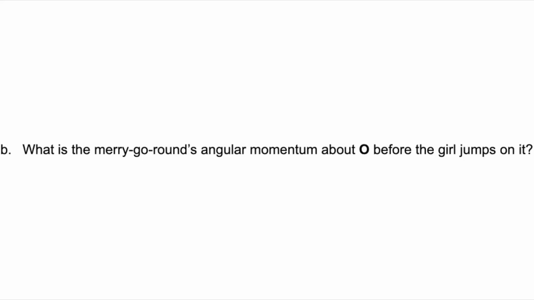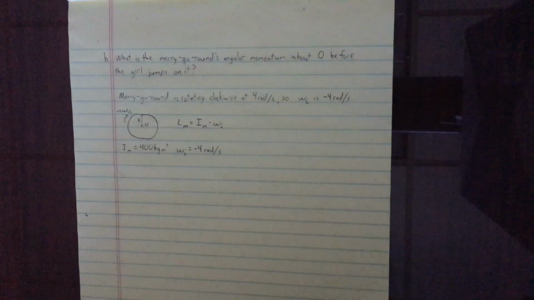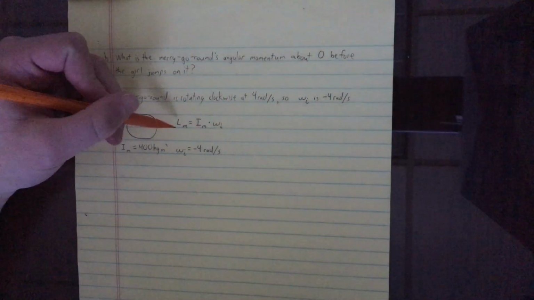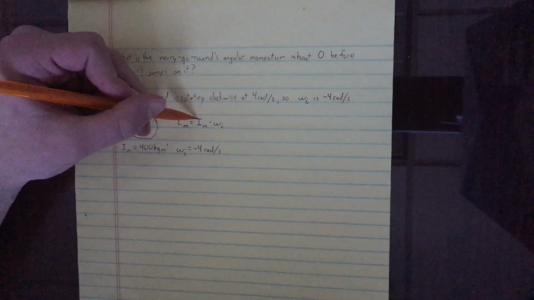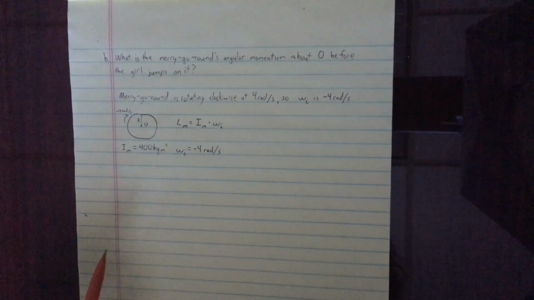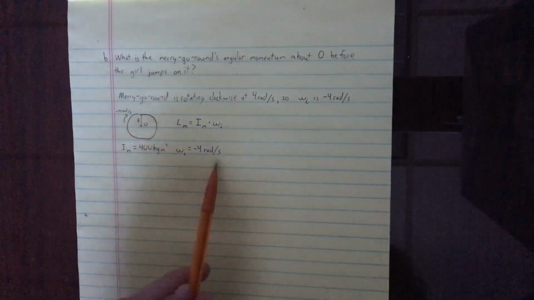Part A is done. On to part B. What is the merry-go-round's angular momentum about O before the girl jumps on it? Part B is going to be much, much easier than part A because we just use that same equation for angular momentum, rotational inertia times rotational velocity, except they've basically already given us the rotational inertia and that rotational velocity.